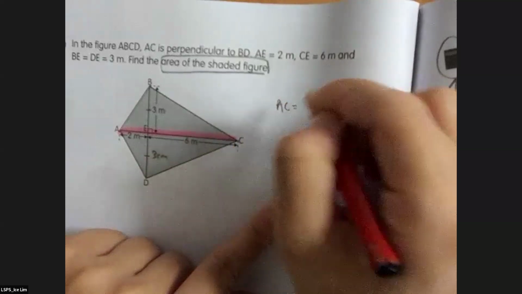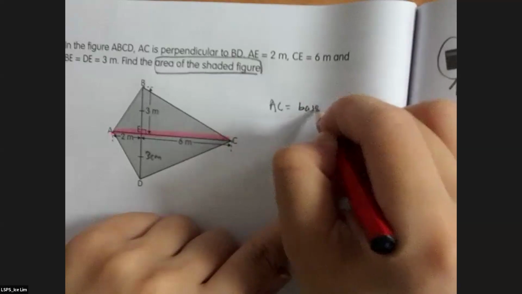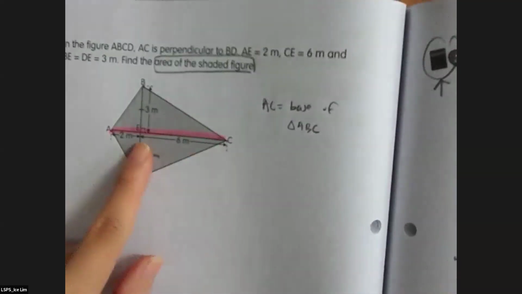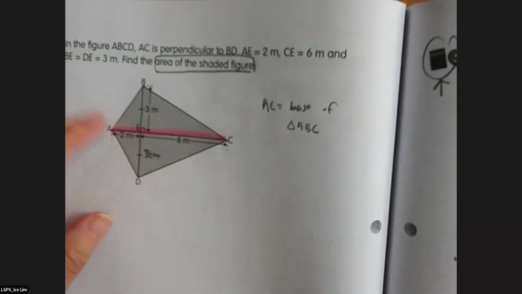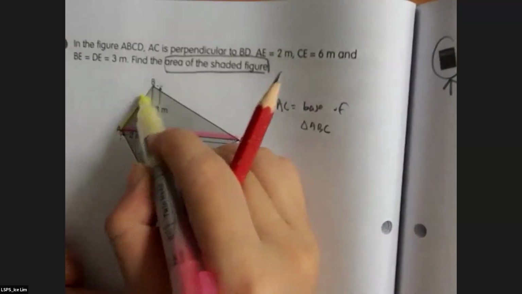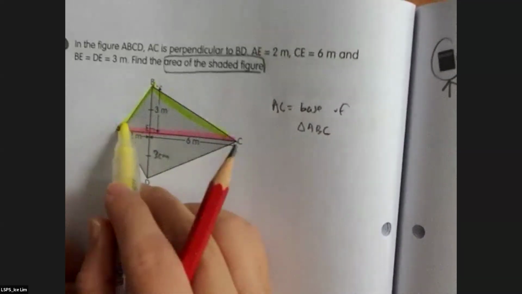So over here, I can see that AC is the base of triangle ABC. Can you see the triangle ABC? Yeah, I'm going to color it yellow, okay? Can you see this triangle ABC?